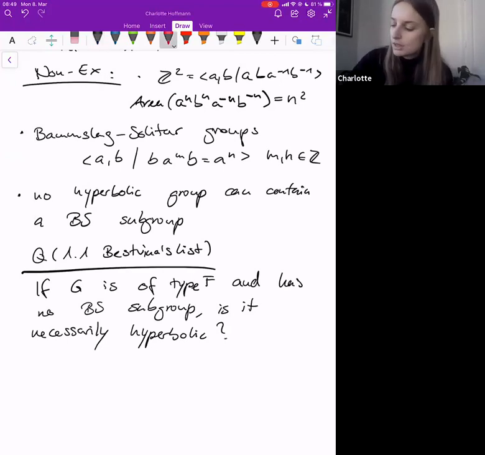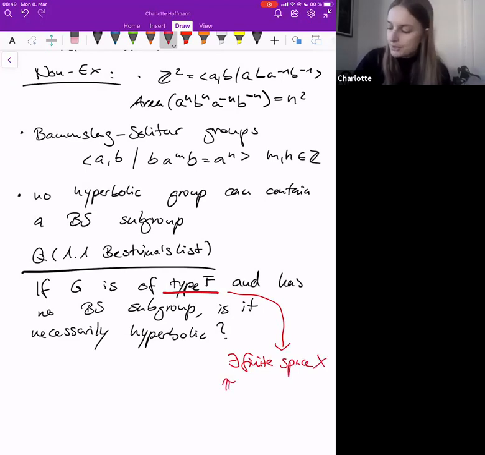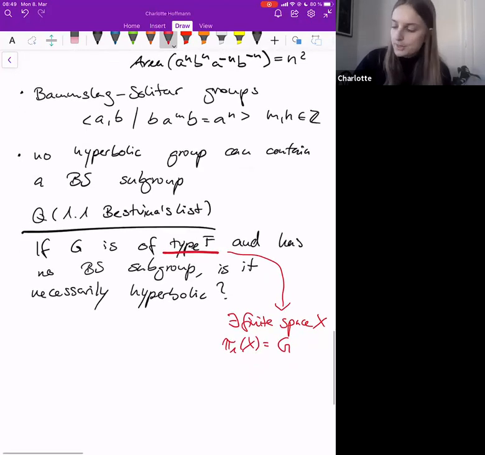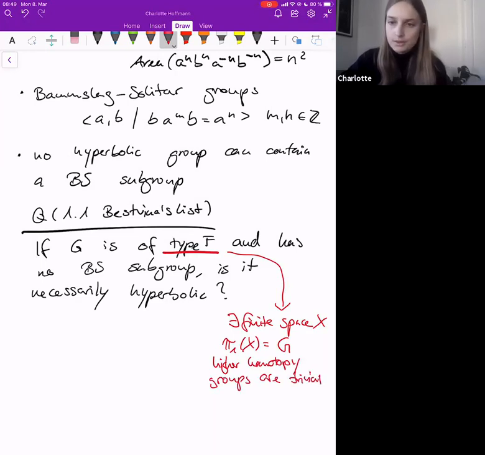Okay, and I should say this type F here. This means that there exists some finite space X such that our group is the fundamental group of this space, and the higher homotopy groups are trivial. Okay, because it turned out that you need something like this, otherwise you can't find counterexamples for the question.